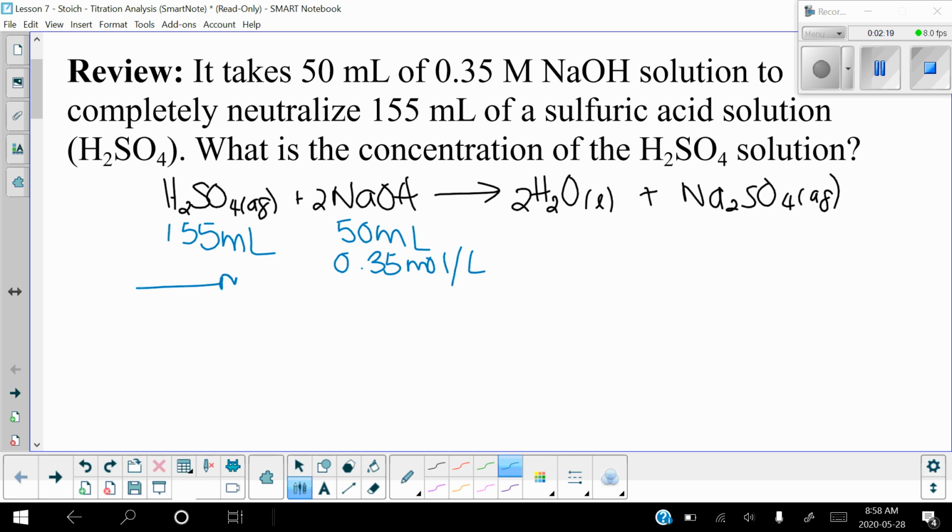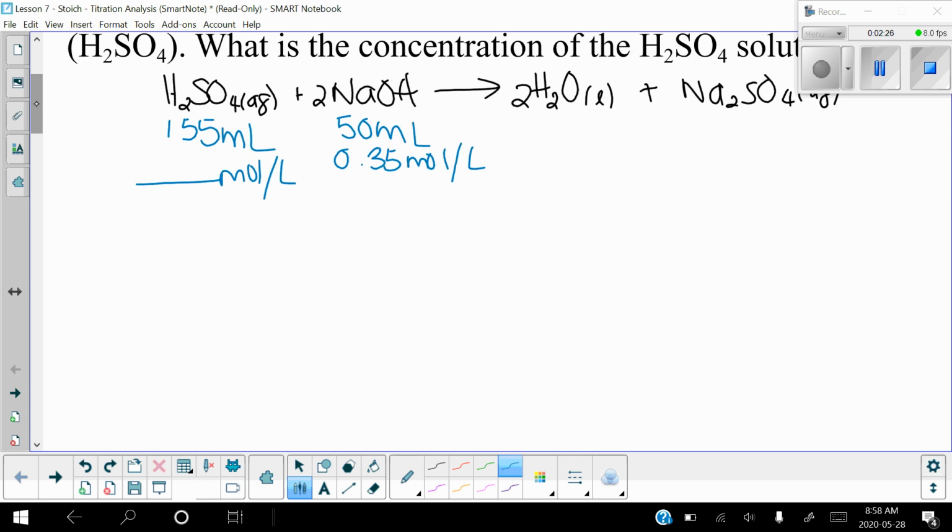What is the concentration of sulfuric acid? Great, we have a bunch of information here. From here, we're going to take our known, which is this, to find our unknown.